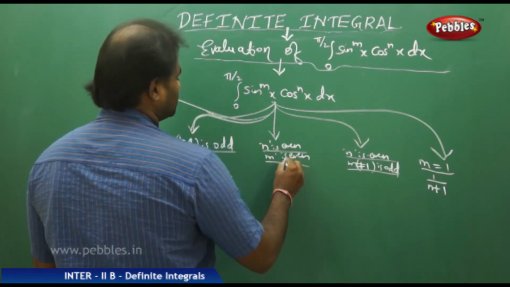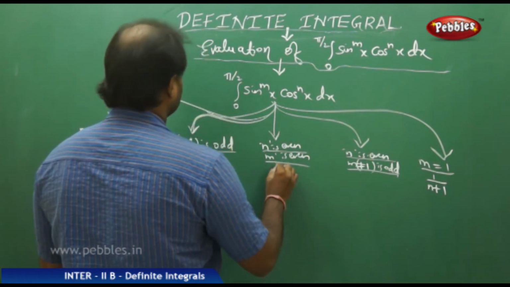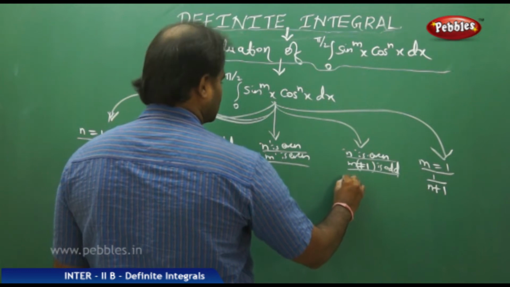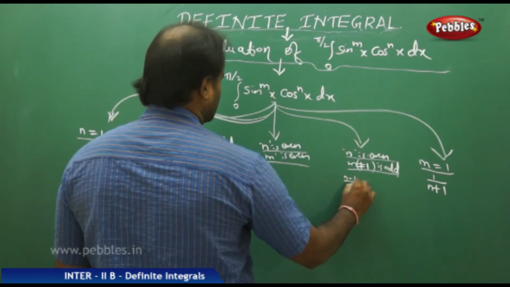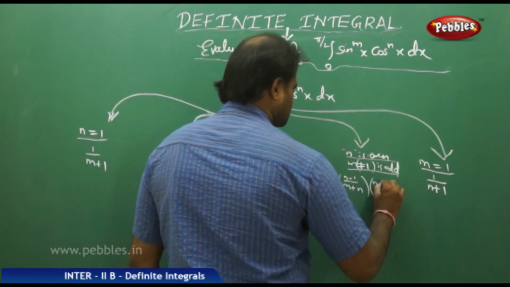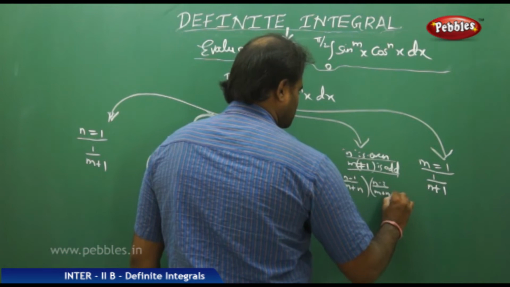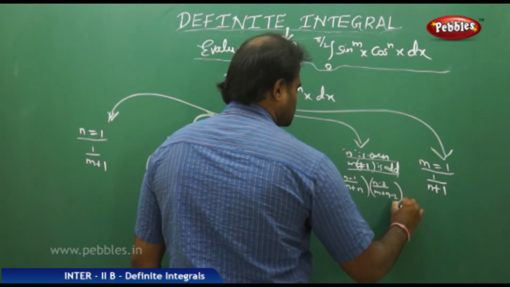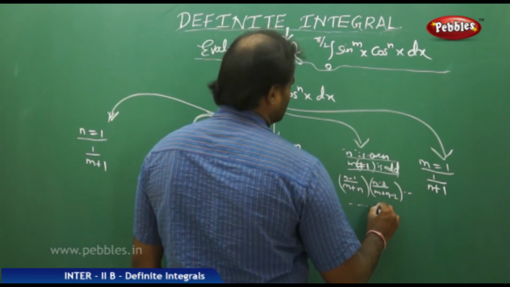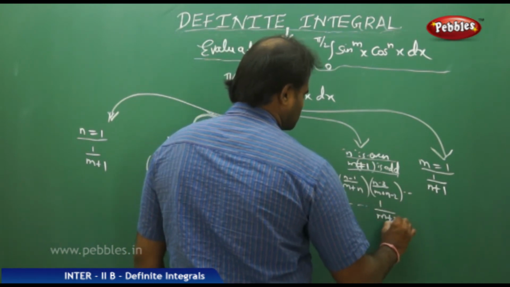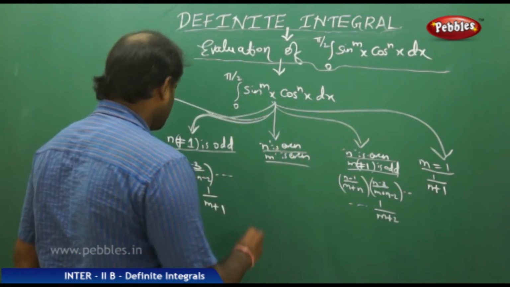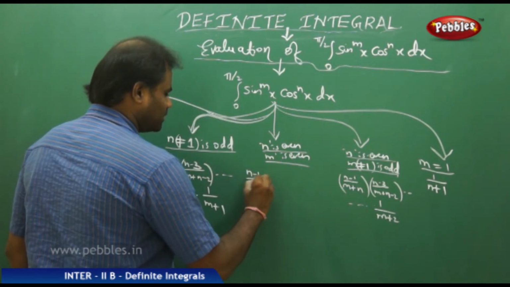Next, if m is odd, then in this case I have this as n minus 1 by m plus n, n minus 3 by m plus n minus 2, and so on and so forth by 1 by m plus 2.